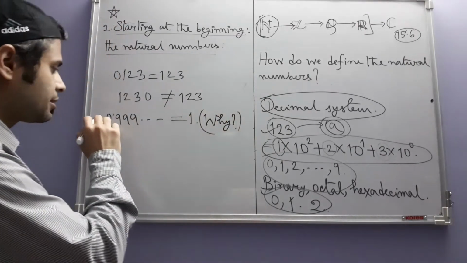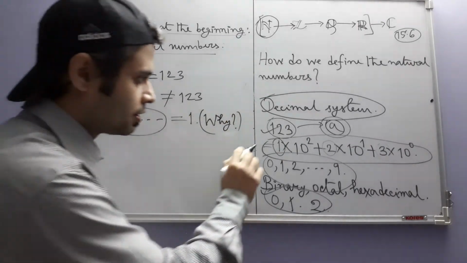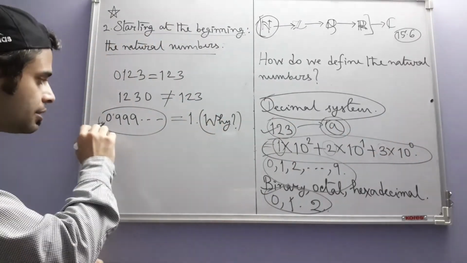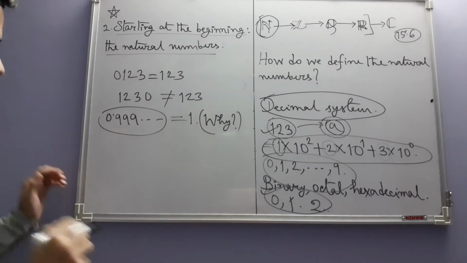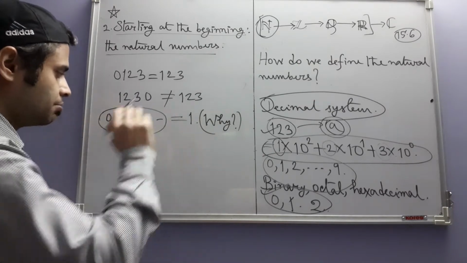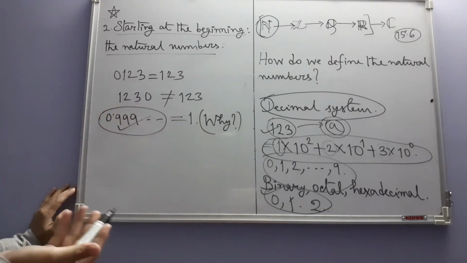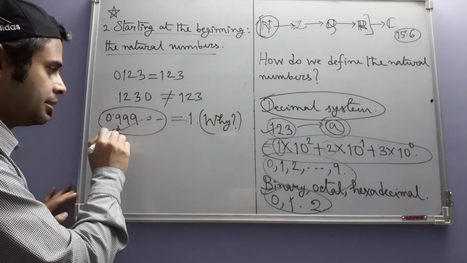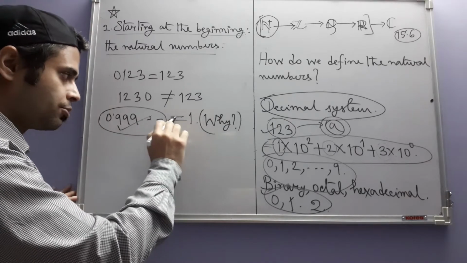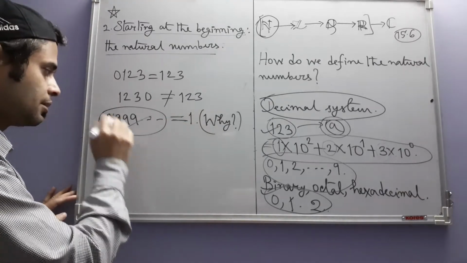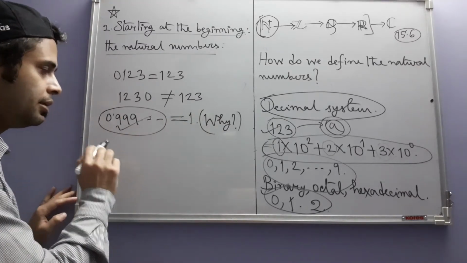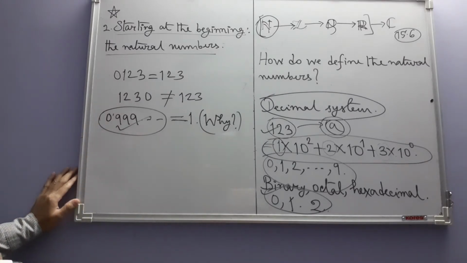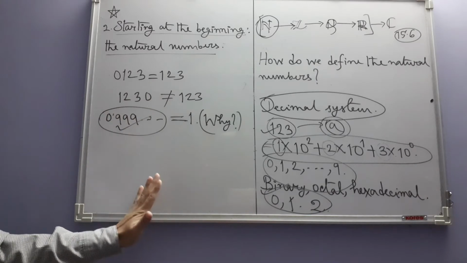And by the way, the meaning of 123 is this. What is the meaning of this? What do we mean by this number? What is its definition? So to simply say what it is, let alone showing that this is equal to 1, to just simply say what this is, we need a knowledge of infinite series. So decimal system is not very easy.